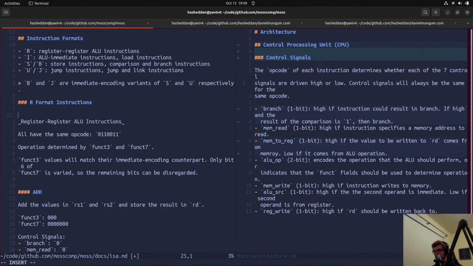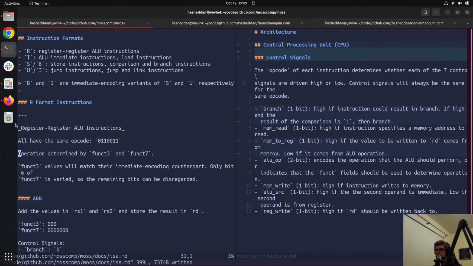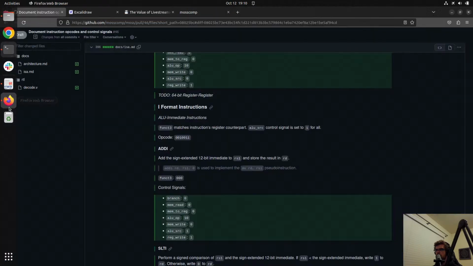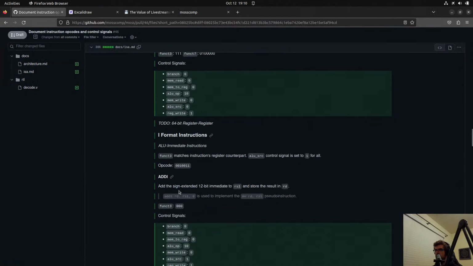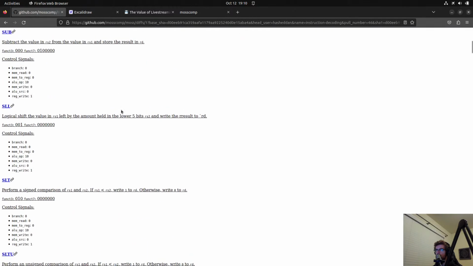I'm trying to think of maybe what a good separator is here. It's a little strange because the add is larger than, whoops. I didn't mean to do that, but that works.